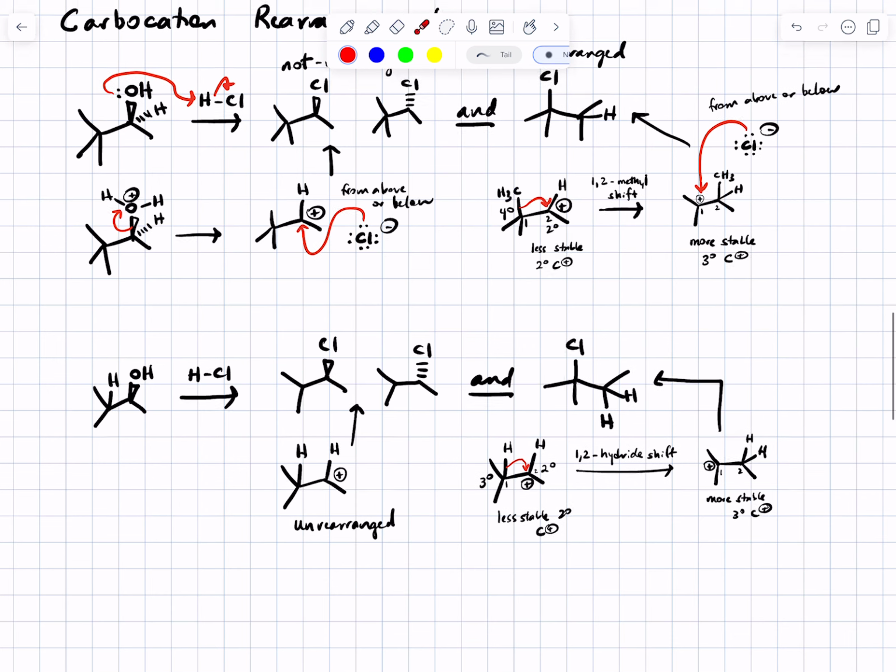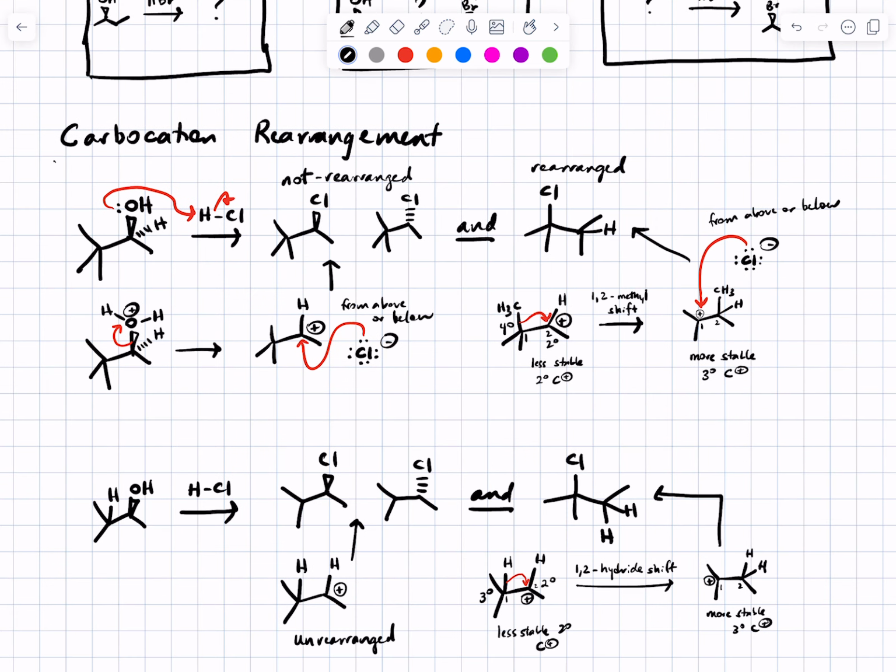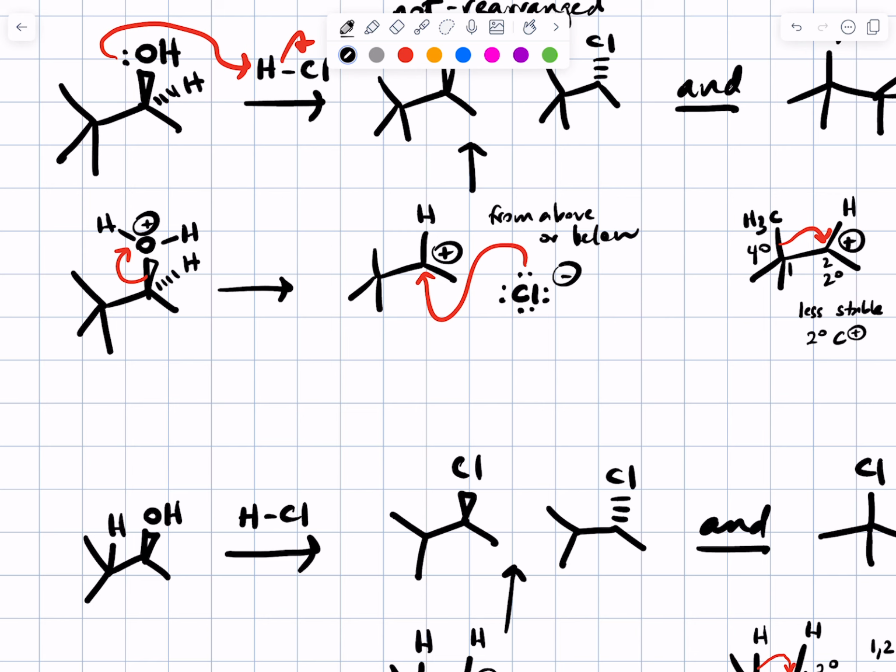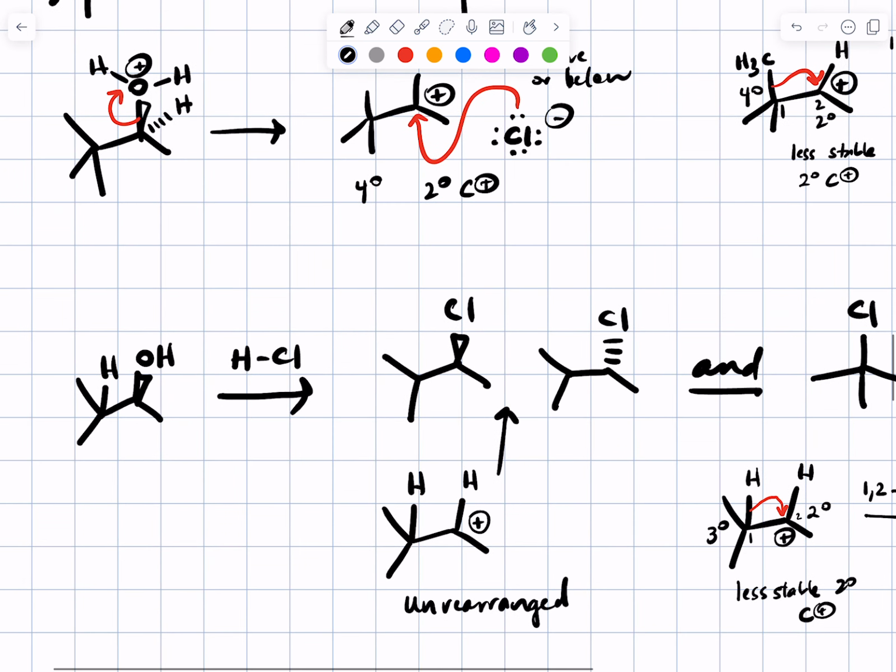So what I will tell you is, carbocation rearrangements can happen anytime you have a carbocation, but the situations you're going to watch for are when you have a secondary carbocation adjacent to a quaternary carbon, or a secondary carbocation adjacent to a tertiary carbon. In both of those cases, a 1,2 shift, either of a methyl group or of a hydride, will give you a more stable tertiary carbocation. Those are the situations we're going to worry about it in, okay?